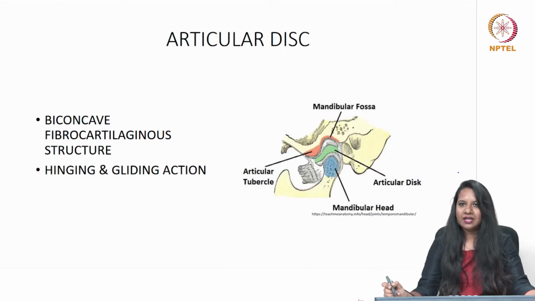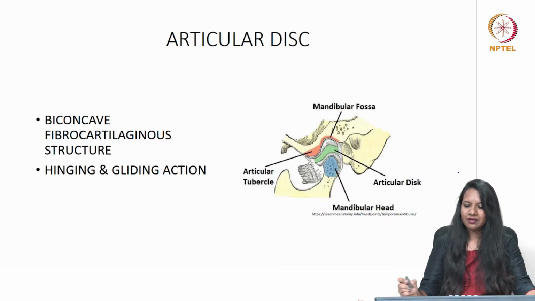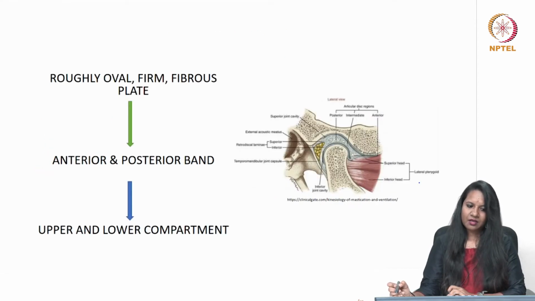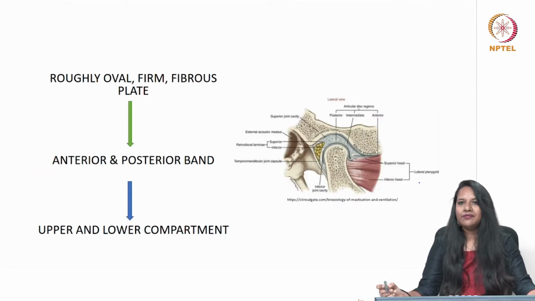Moving to the articular disc, it is a biconcave fibrocartilaginous structure which helps in hinging and gliding motion. So, this green color area is the articular disc. It is roughly oval, firm and it is a fibrous plate which is divided into thinner anterior and little bit thicker posterior with an intermediate zone.